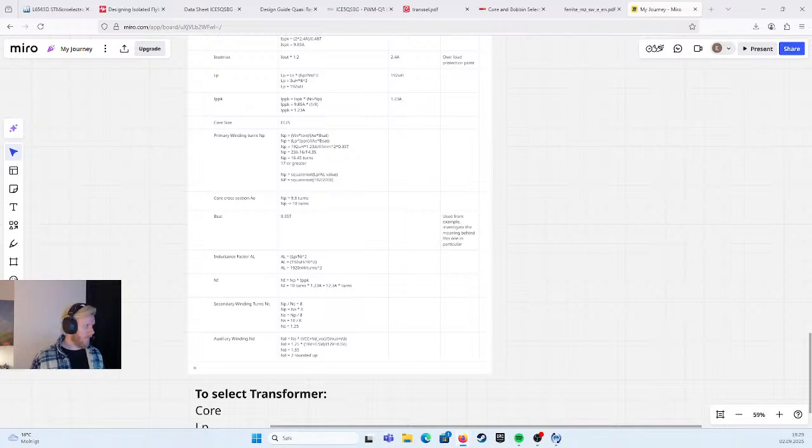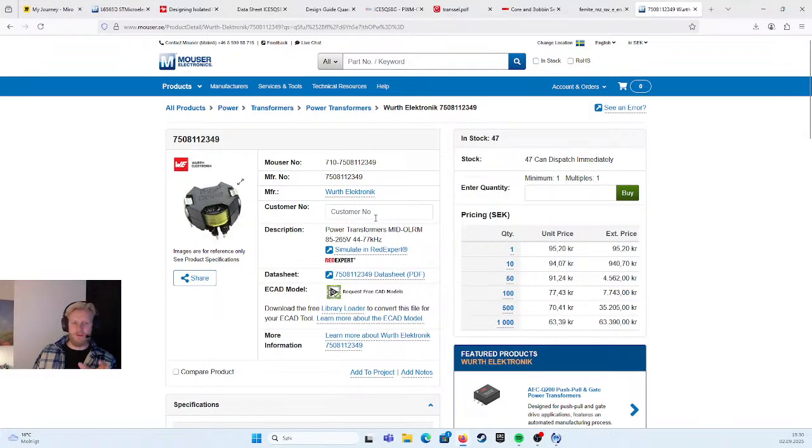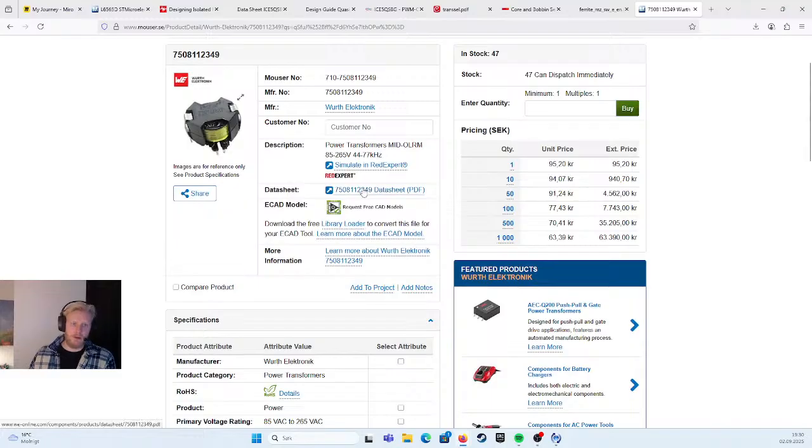And the funny thing is I found it also last time. It was basically the only transformer that came up that fit our criteria. So in a way, it's a little bit meant to be, I think.